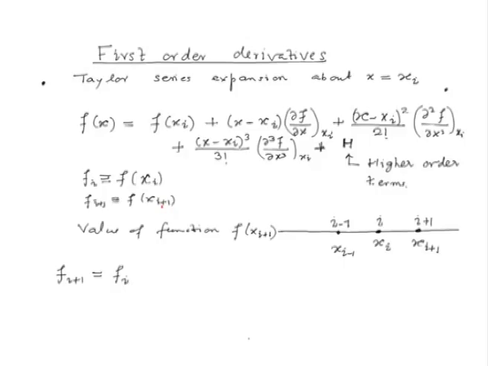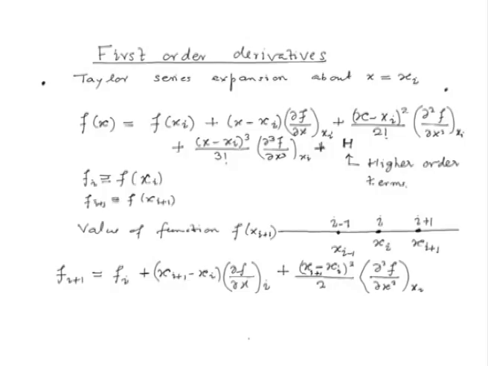Okay, so now fi plus 1 is equal to fi plus (x of i plus 1 minus xi) into del f over del x at the grid point i, plus (xi plus 1 minus xi) whole squared divided by 2 times del 2 f over del x squared at xi, plus higher order terms.